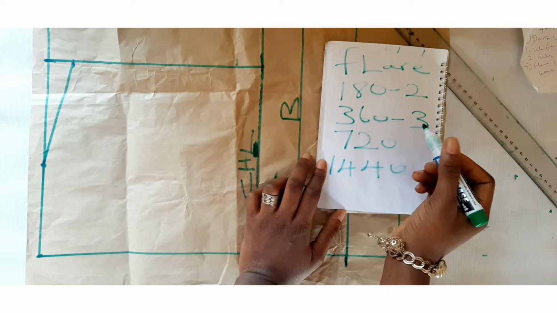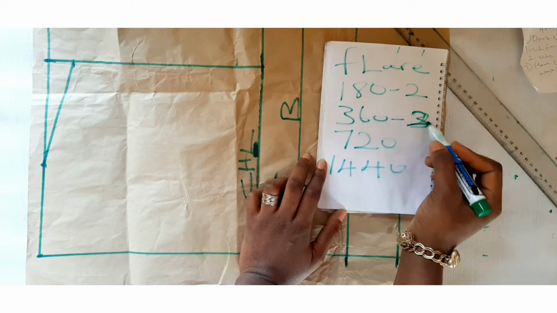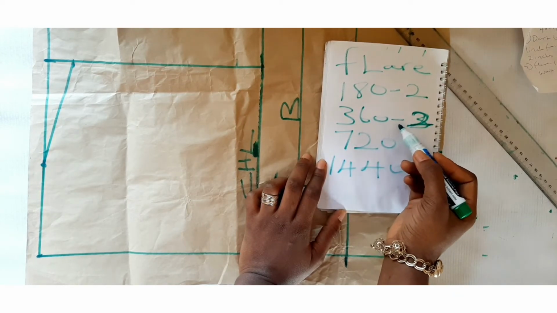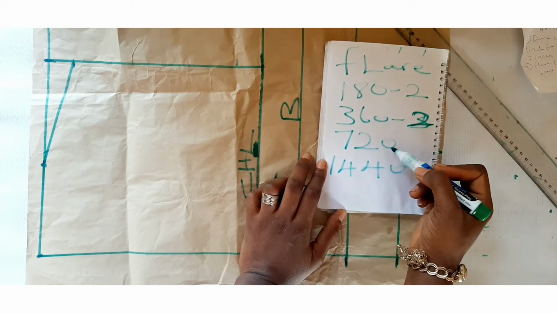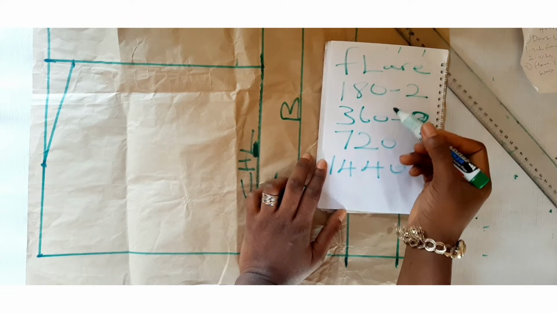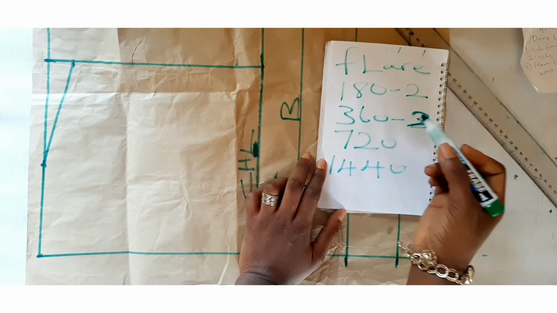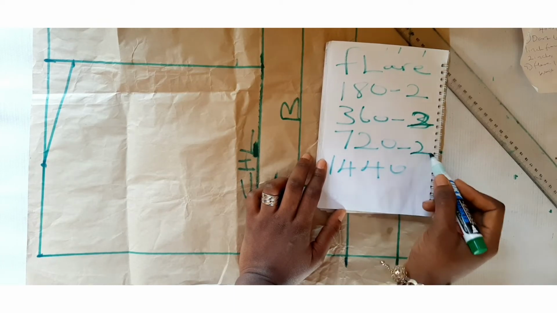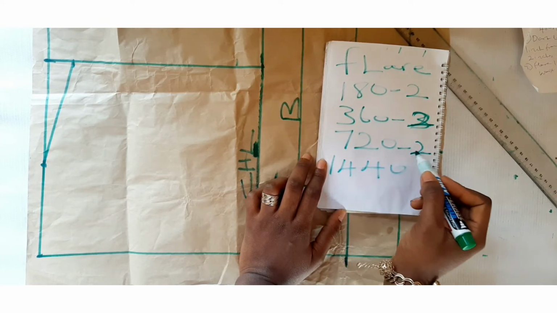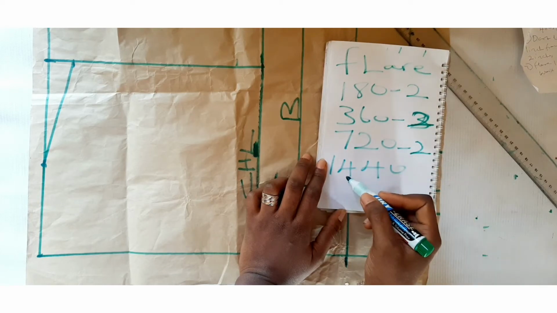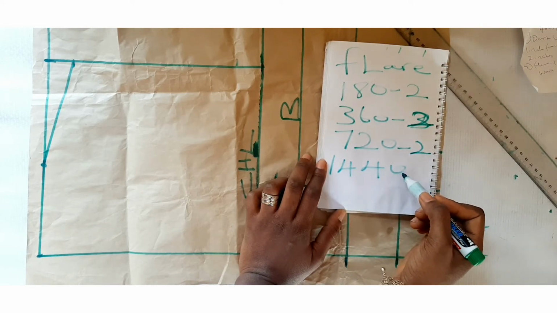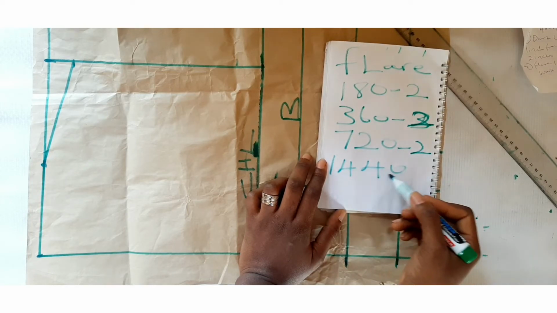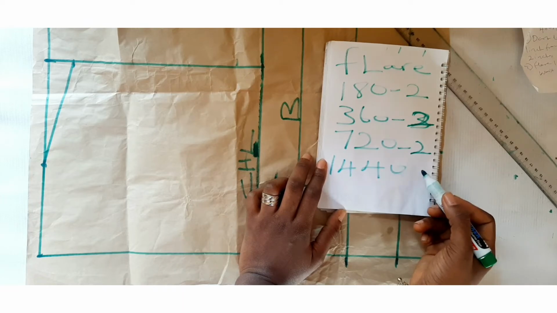This 360, if you cut 2 of it, is going to give you 720. 360 plus 360, that is 720. And this 720, if you cut 2 of it, it will give you 1440 degree flare.